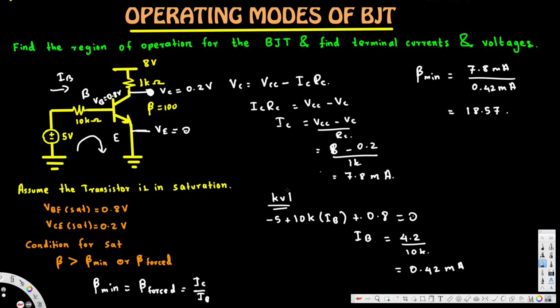Okay, now we found beta minimum is equal to 18.57. That is less than 100, because beta is given as 100. This satisfies the saturation condition, because the condition for saturation is that beta has to be greater than beta minimum. Since beta is greater than beta minimum, this is in saturation.